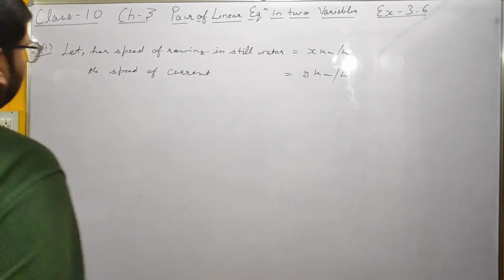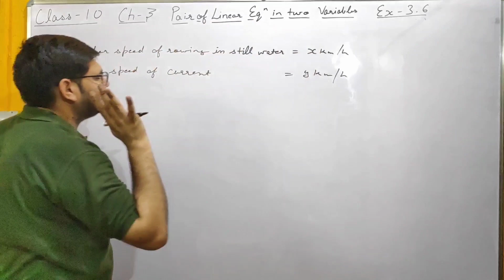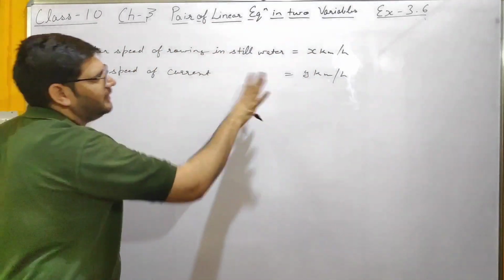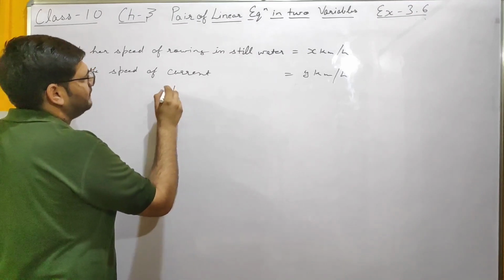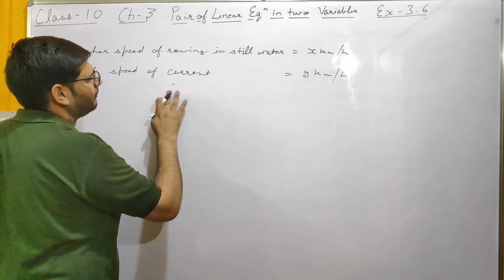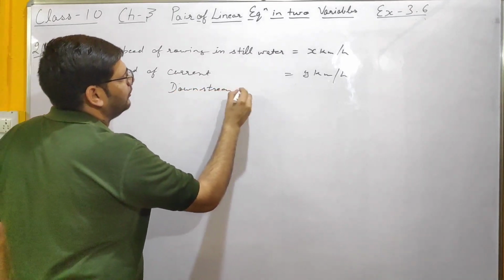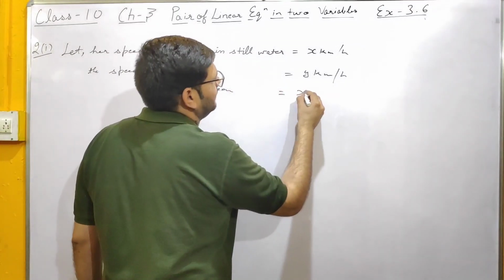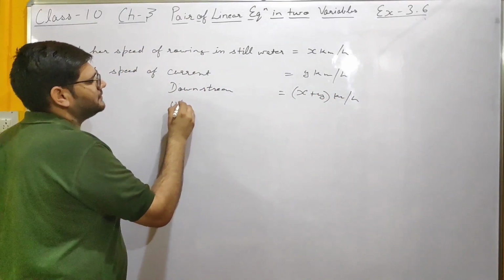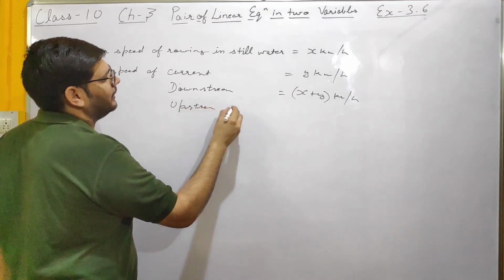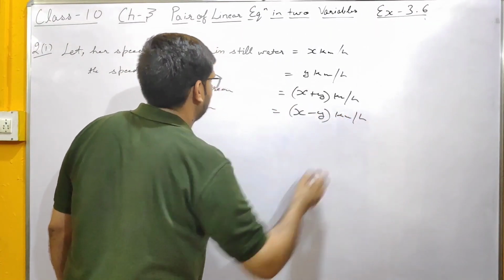Now dear students, we'll assume let her speed of rowing in still water be x kilometer per hour and the speed of current be y kilometer per hour. Now, speed for downstream will be added, x plus y kilometer per hour, and for upstream it will be subtracted, x minus y kilometer per hour.